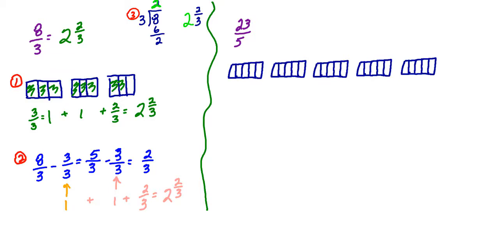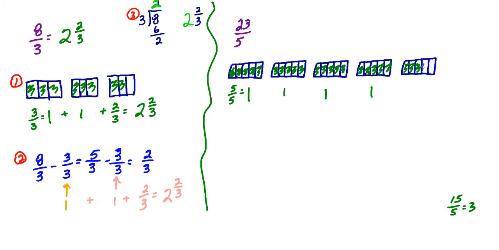Each one of these that I shade in, if I shade a whole thing in like so, that's 5 fifths, which is one whole. So 5 fifths, 6, 7, 8, 9, 10 fifths. There's another one whole. 11 fifths, 12 fifths, 13 fifths, 14 fifths, 15 fifths. 15 fifths, by the way, equals 3 wholes so far. 16, 17, 18, 19, 20 fifths, 21, 22, 23.